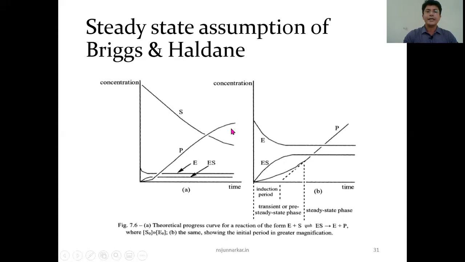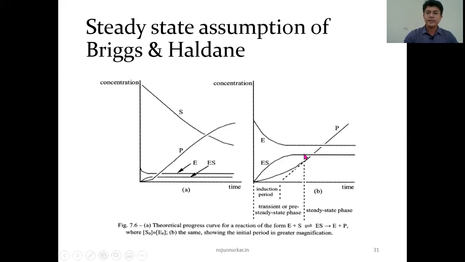Now here, according to the Briggs-Haldane steady-state assumption, the enzyme substrate complex which is formed almost remains the same at the steady state. So here a steady state is achieved between the enzyme and substrate. When the substrate is present at very high concentration, all the enzymes will get saturated with the substrate, and the enzyme will majorly be present in the form of enzyme substrate complex.